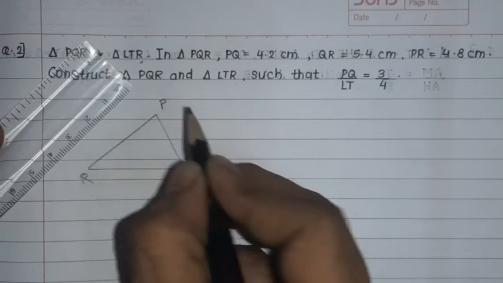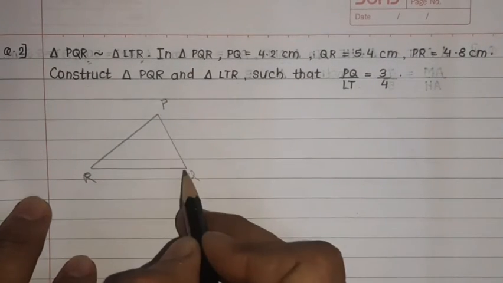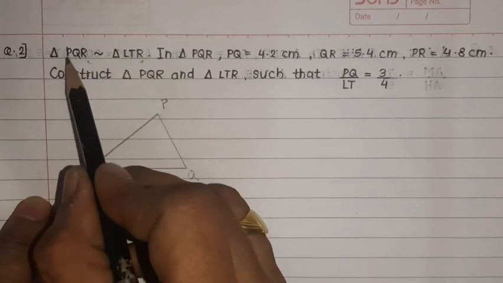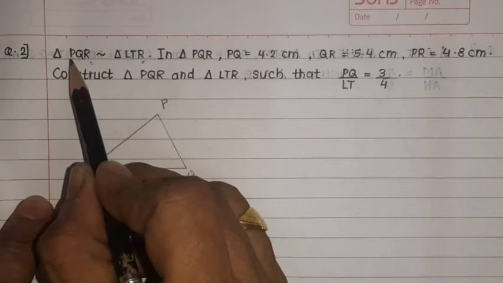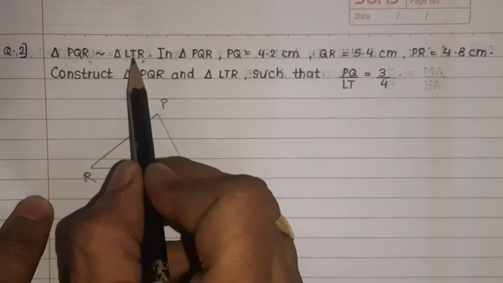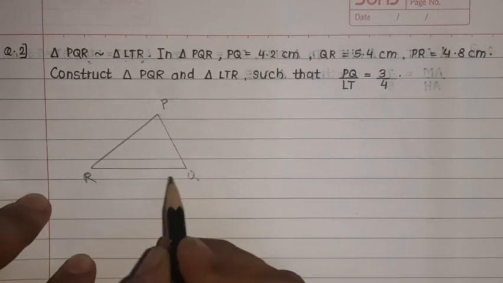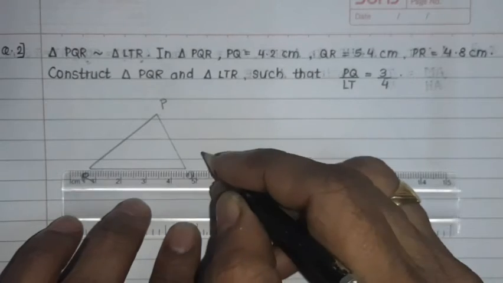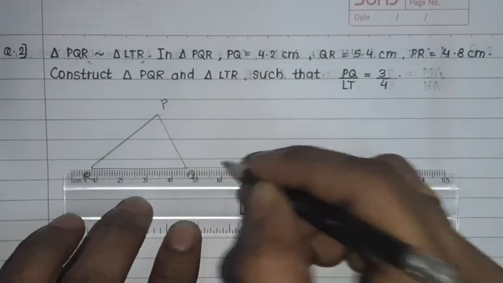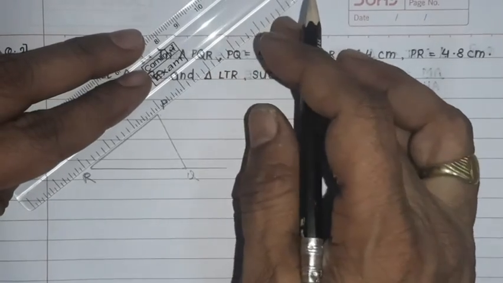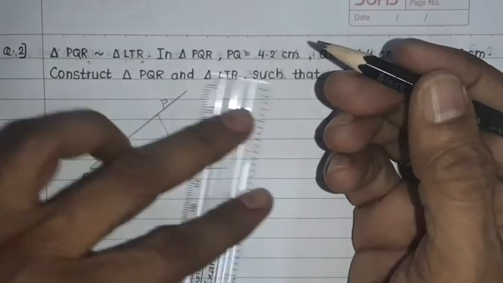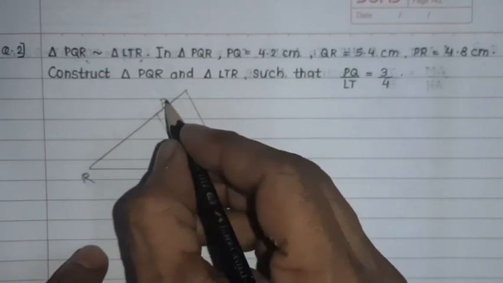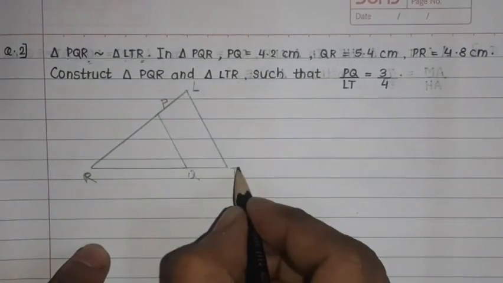Here it is P. Now see here. PQR is a triangle and another triangle is triangle LTR. The corresponding angles: P is with L, Q with T and R with R. Therefore, if we extend this, extend PR and join like this, then this is PQR, this is LTR.